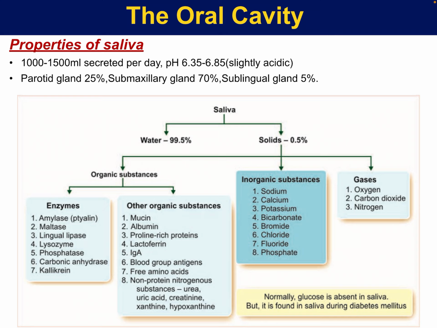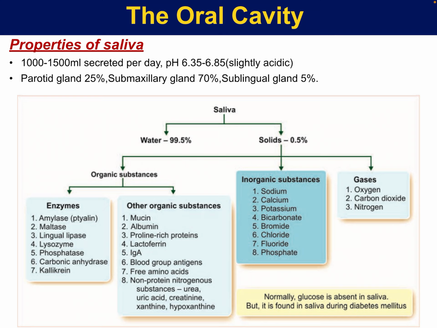Other organic substances include mucin, albumin, proline-rich protein, lactoferrin, immunoglobulin A, blood group antigens, free amino acids, and non-protein nitrogenous substances like urea, uric acid, creatinine, xanthine and hypoxanthine.